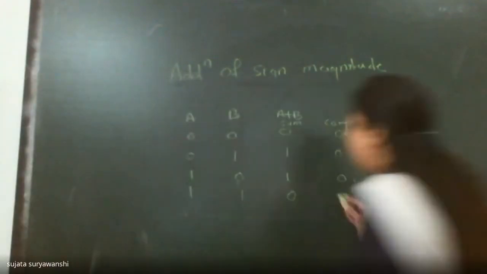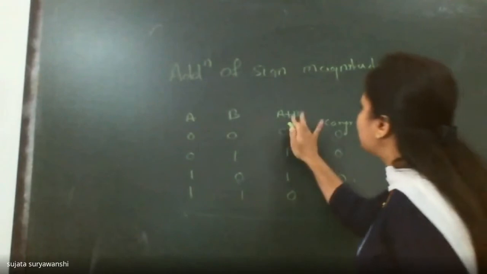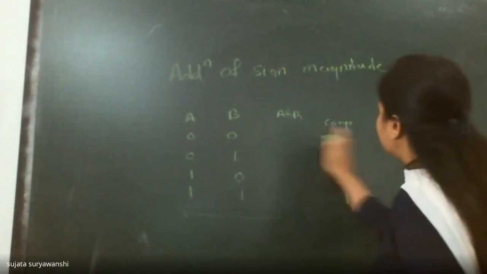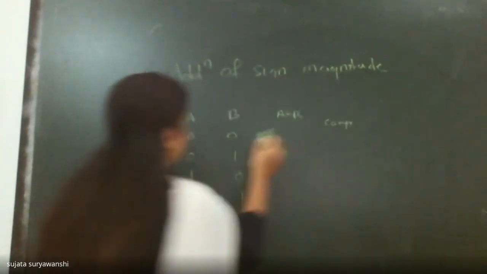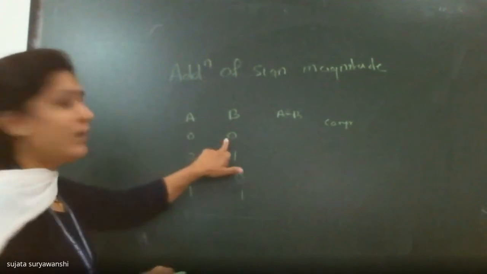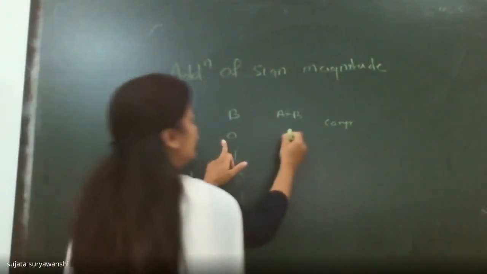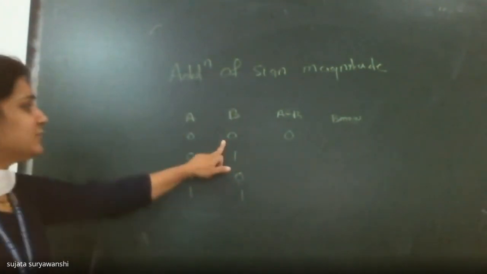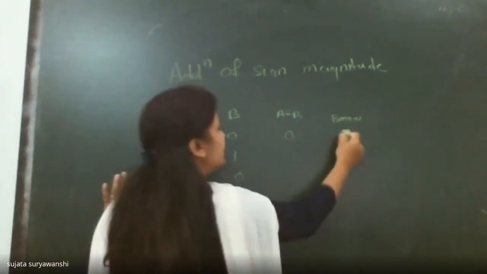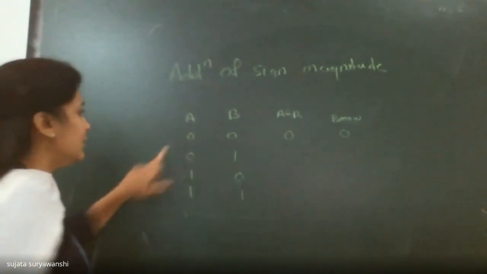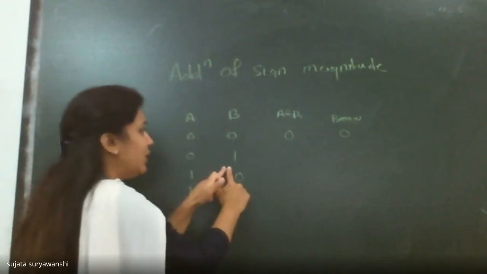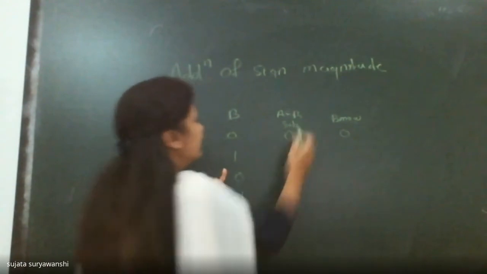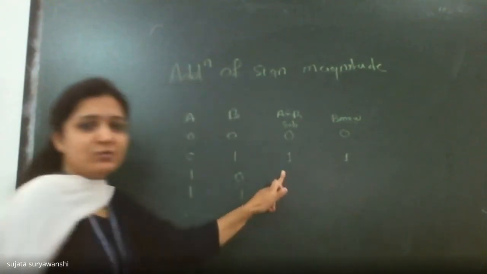So this is the truth table of sum, the arithmetic rules. Now similarly we'll see the truth table of subtraction. If you want to perform A minus B, suppose A is equal to 0 and B is equal to 0, then 0 minus 0 is 0. Instead of carry, in case of subtraction, borrow is generated. So borrow is not generated in the first case, 0 and 0. If A is 0 and B is 1, then 0 minus 1 gives difference 1 and we get borrow equal to 1.